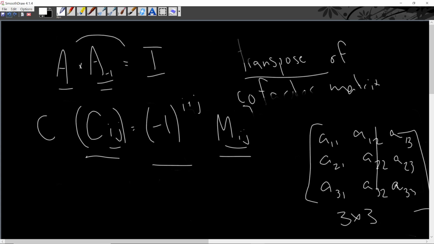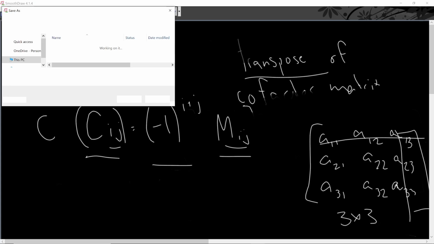And then we do the same thing for A13. We block out the row and column. We're left with this. We do the determinant. We multiply it by -1 to the power of 1 plus 3. And then you just have to do that for every single term.